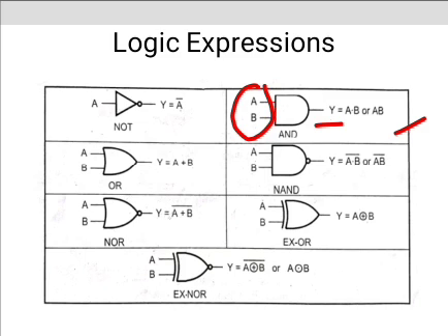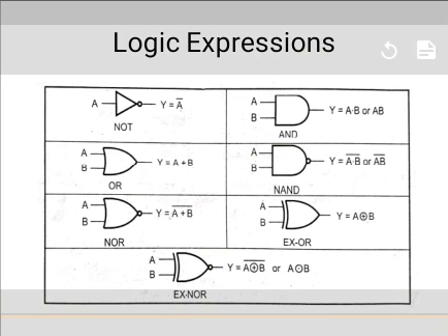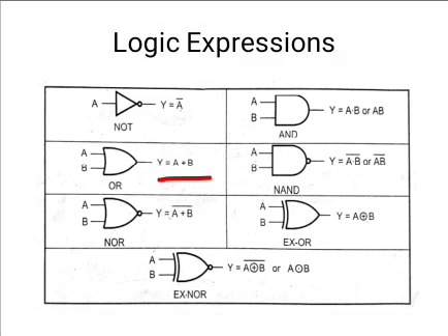Then the Boolean expression is Y equals A into B. Next, OR gate. You know the symbol of the OR gate. So, A and B are the inputs, Y is the output. Then the Boolean expression is Y equals A plus B.